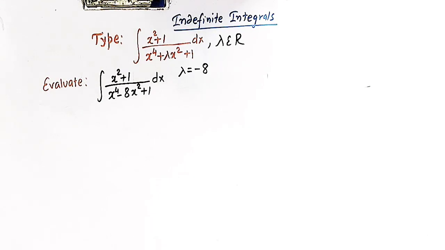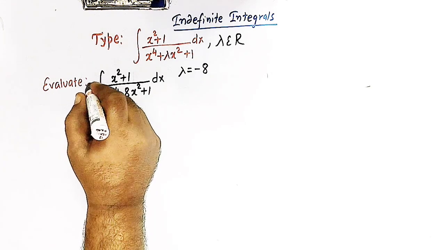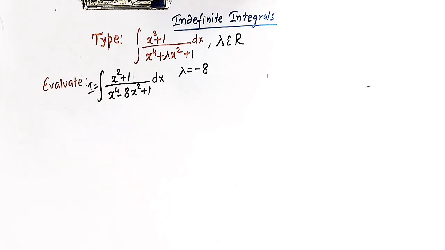So here we'll see how we can solve these types of indefinite integrals, right? So let us see how we can find out the value of this indefinite integral. So let us call this integral I, right?